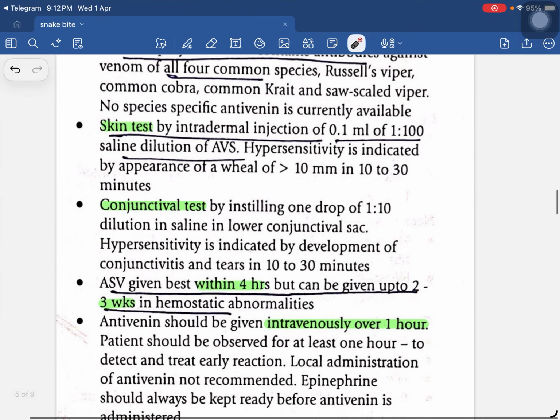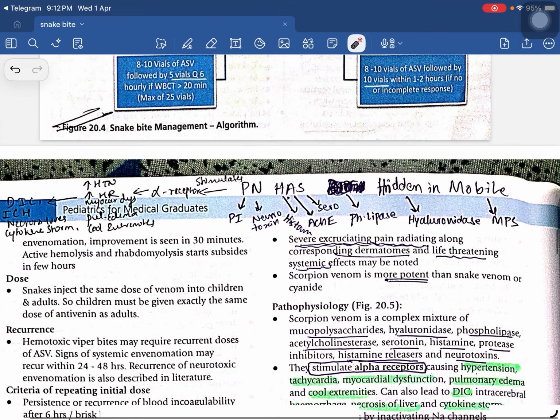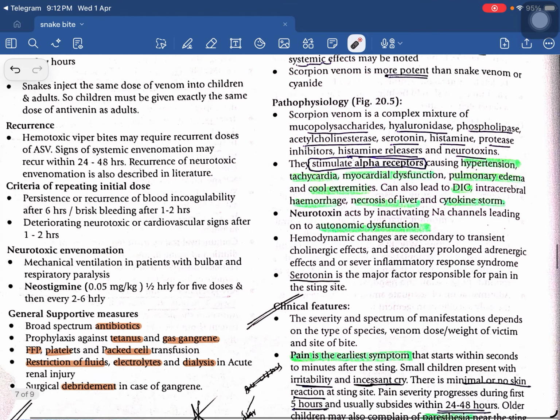What are the chronic complications? There can be infection, gas gangrene, electrolyte imbalance, kidney injury as we have discussed in the clinical features, rhabdomyolysis, hypotension, and so many things. Those chronic complications we have to manage.